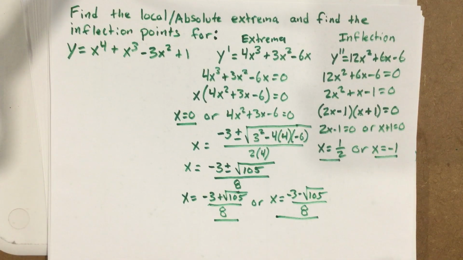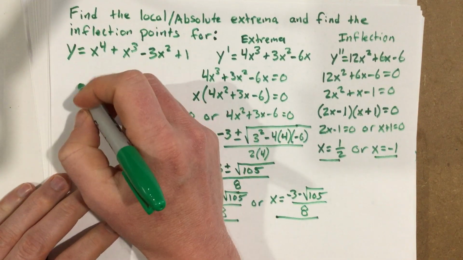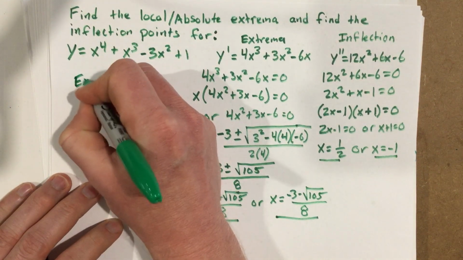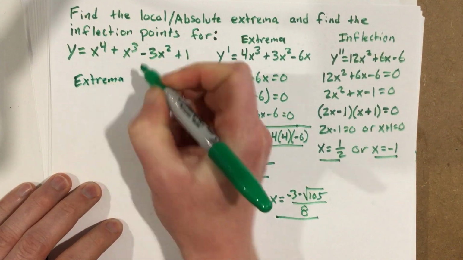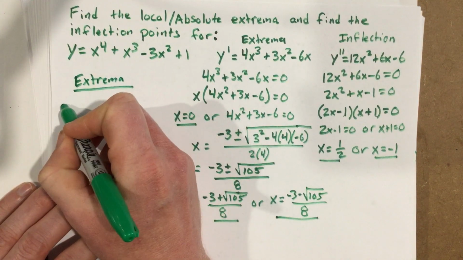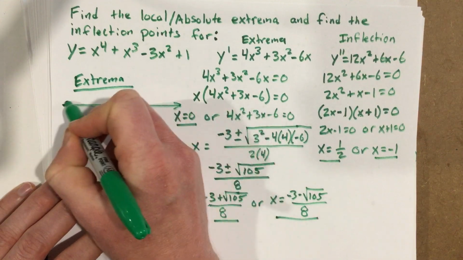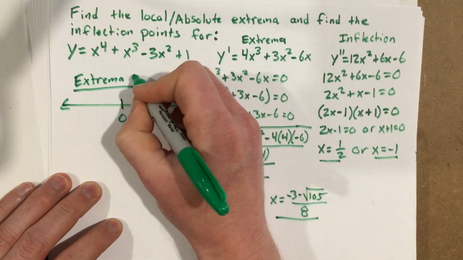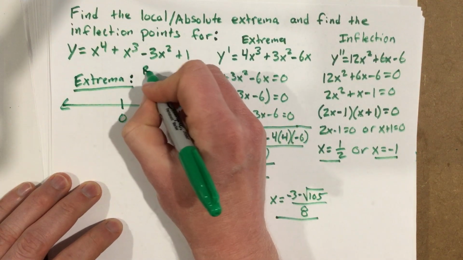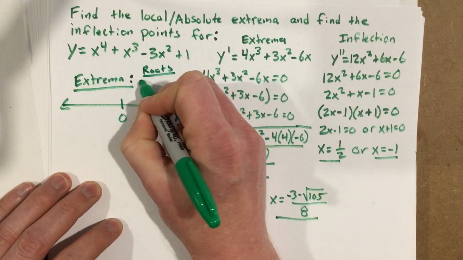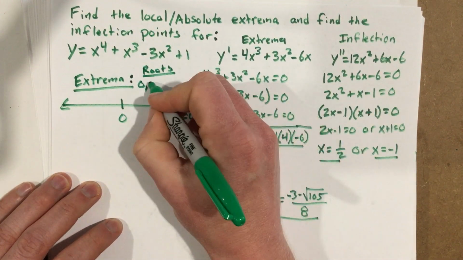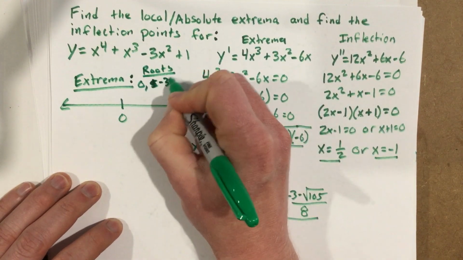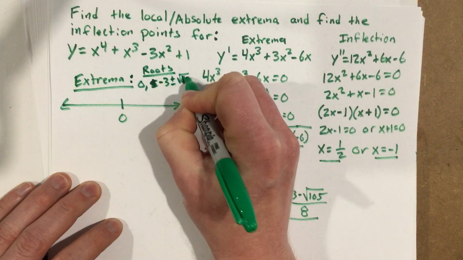So let's do an extrema number line. And I'm going to go ahead and do that here. So extrema. And so I'm going to throw these on a number line. This is 0 in the middle. And these are my roots: 0, and negative 3 plus and minus root 105 over 8.